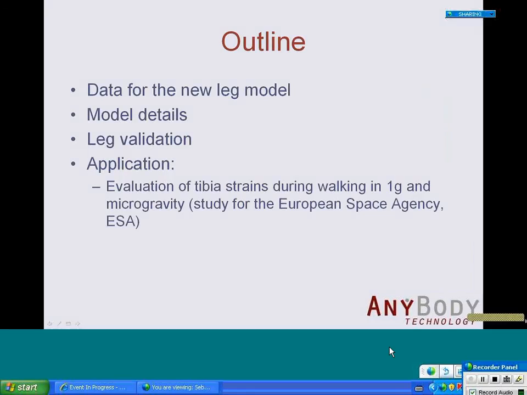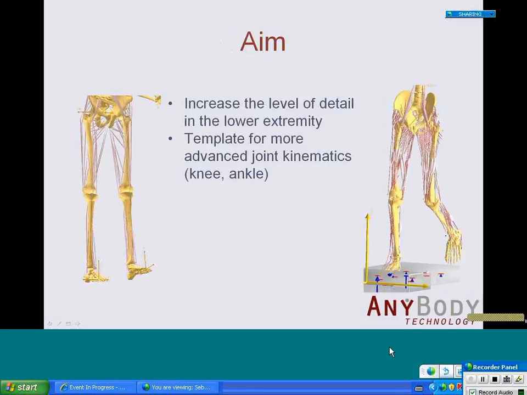So, the aim of at least the first part of my talk today was to build a new leg model, which increases the level of detail for our lower extremity. On the left-hand side, you can see a picture of our old leg model, which already has plenty of muscles in it, but on the right-hand side you can see the new model, which has a much higher level of detail, and hopefully a much higher level of accuracy.